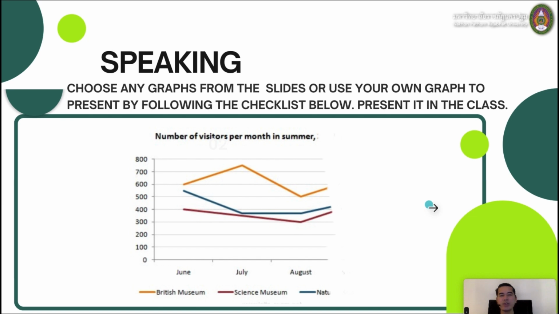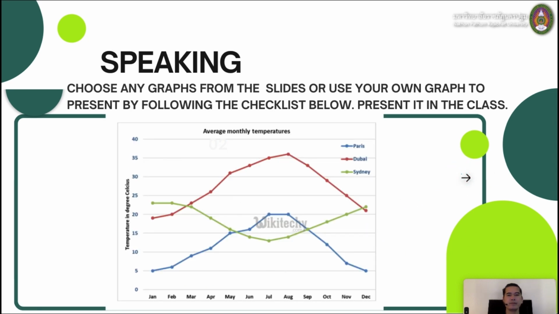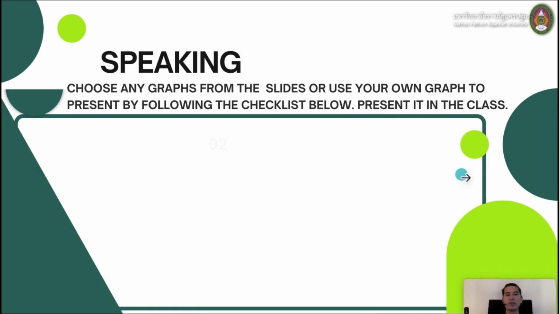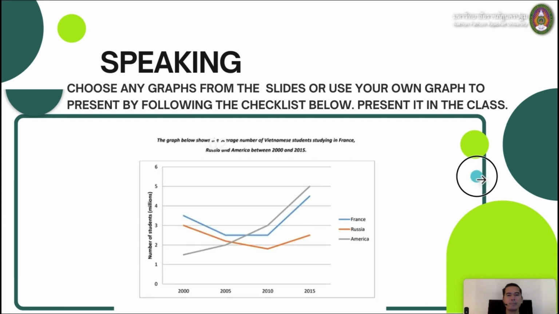You can choose this kind of graphs and then present it in the class. Number three, then number four, the fourth graph, and the fifth graph.